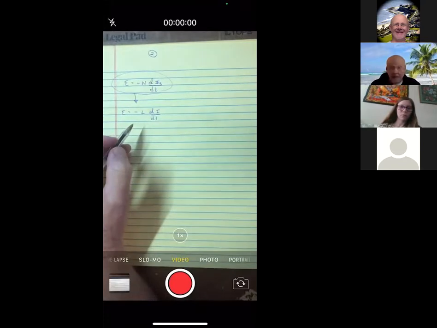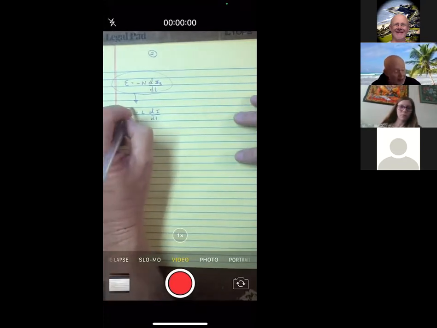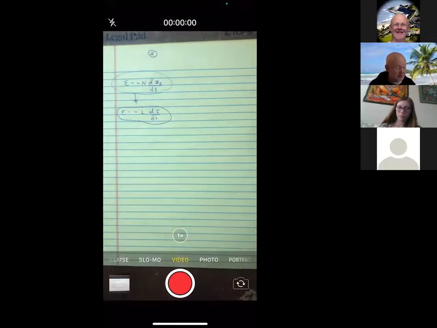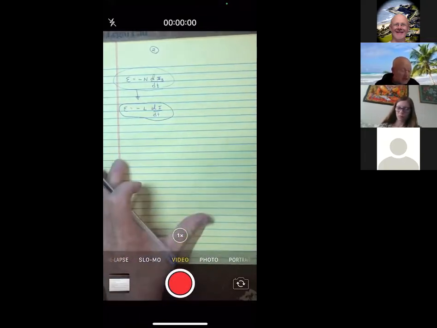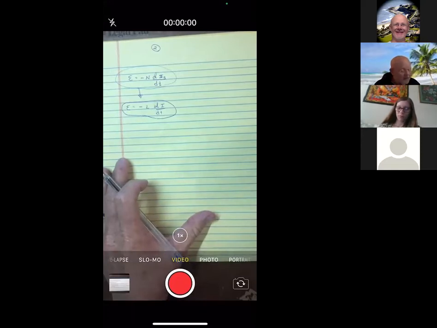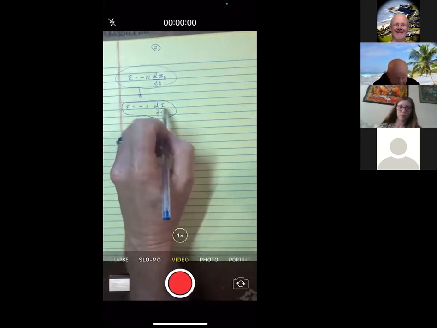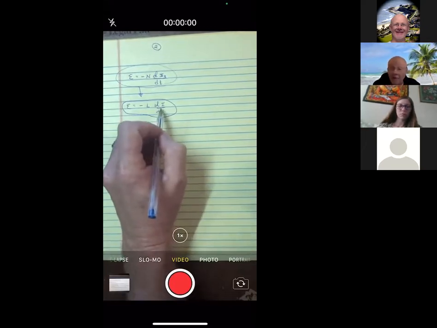But here's the important thing I want to get at. Notice then, in a statement like this, you would be saying that if the current is changing very quickly, so high frequency.